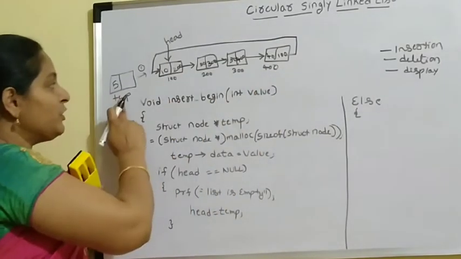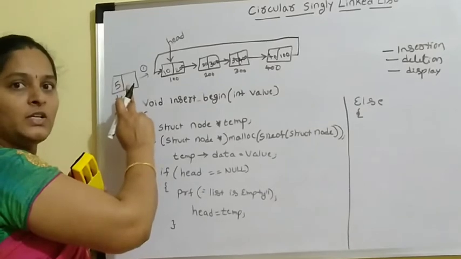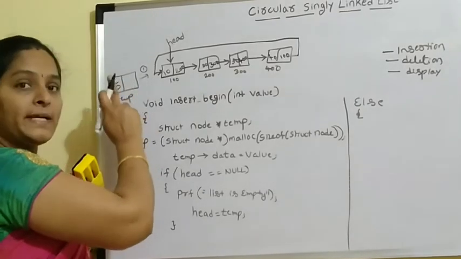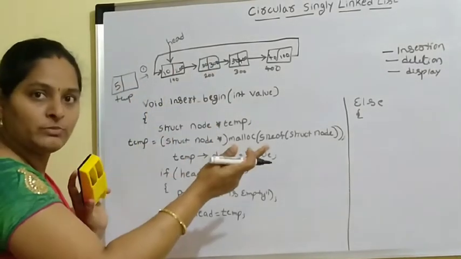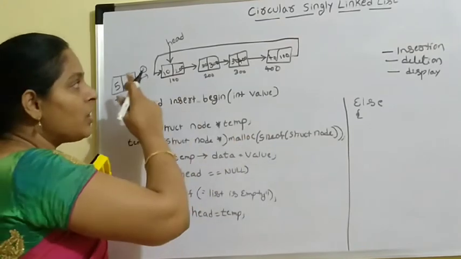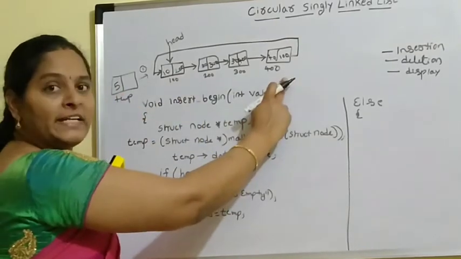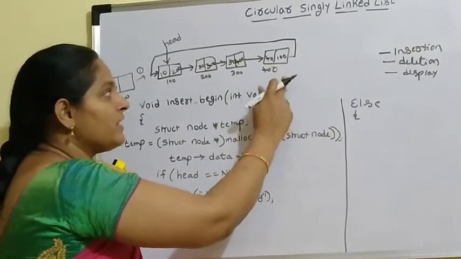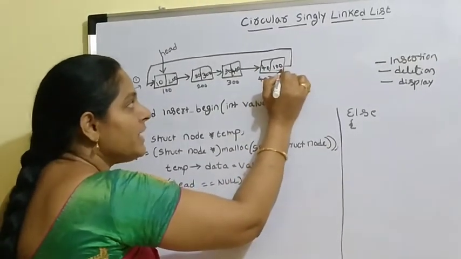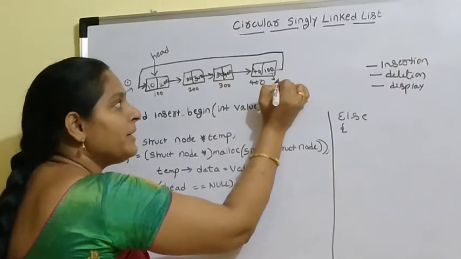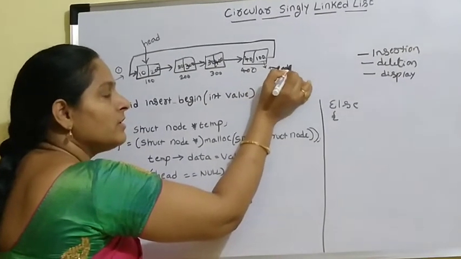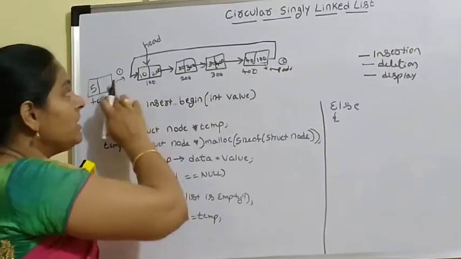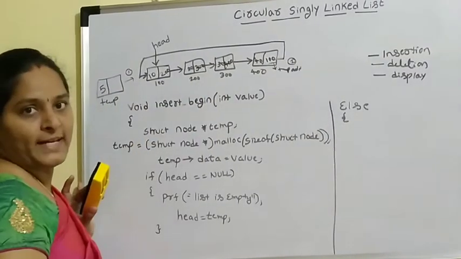Now if you insert temp before the head node, after insertion, the temp node is our first node. So always the first node address will be maintained by the last node's next part. That is the reason why we need to update this address with the temp address. This is the second step. These two links we need to manage.